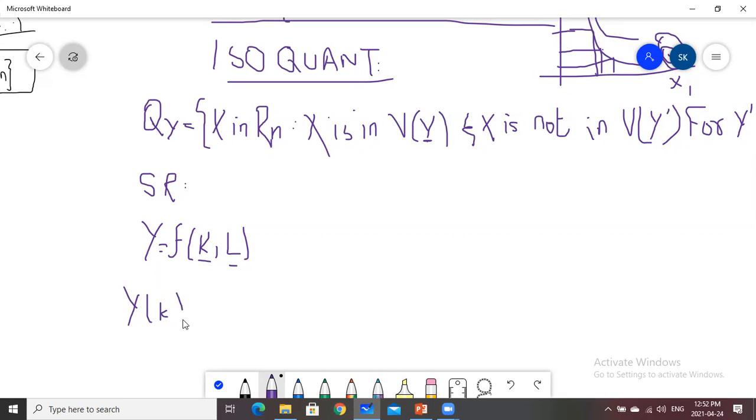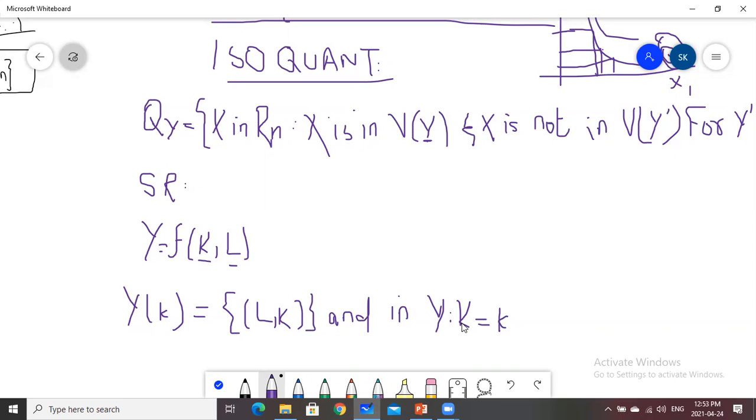Y of k is equal to the set of y such that y is in Y, given k is equal to this small k.